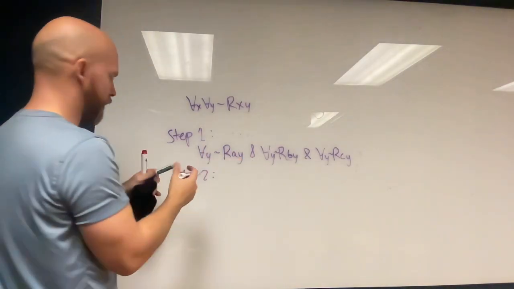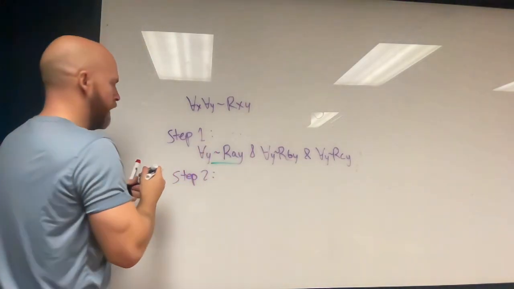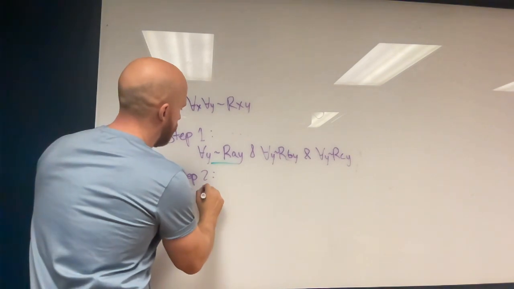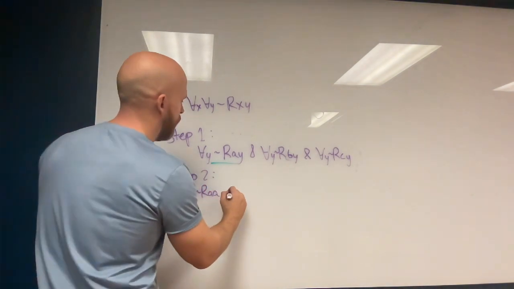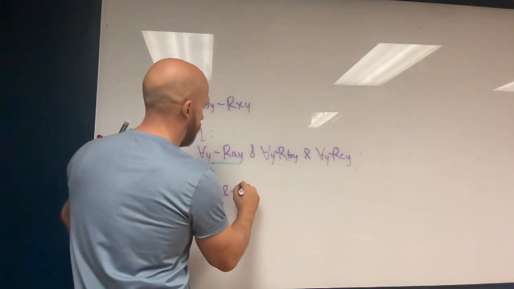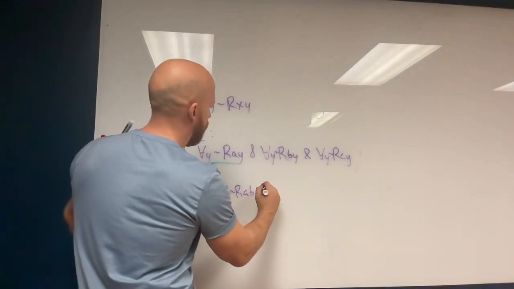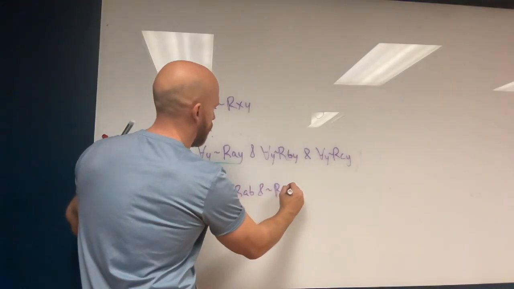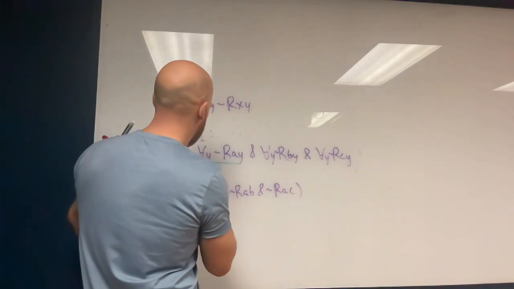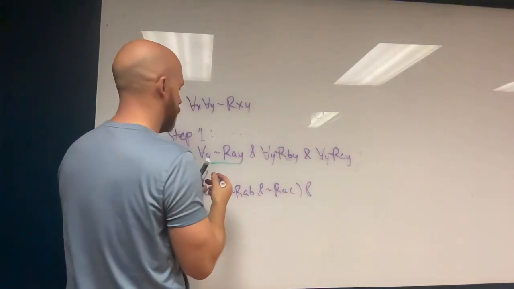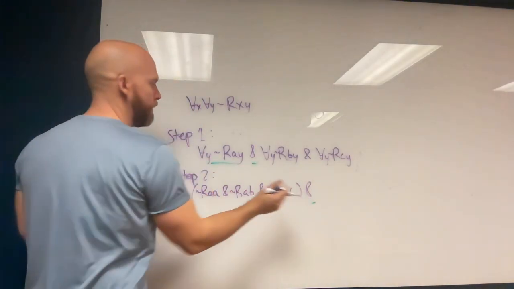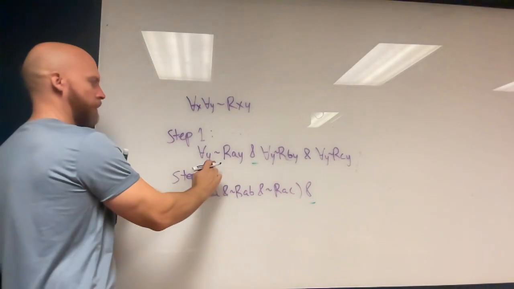The first one, line by line: not RAA, and not RAB, and not RAC. That's just the first side, just expanded that first item.